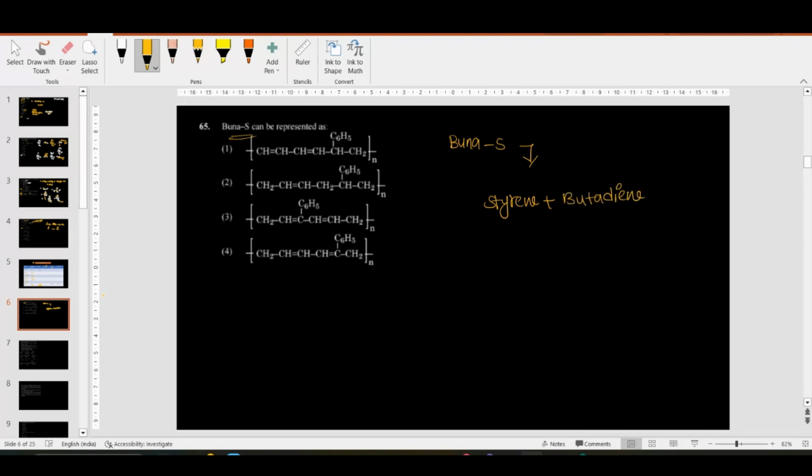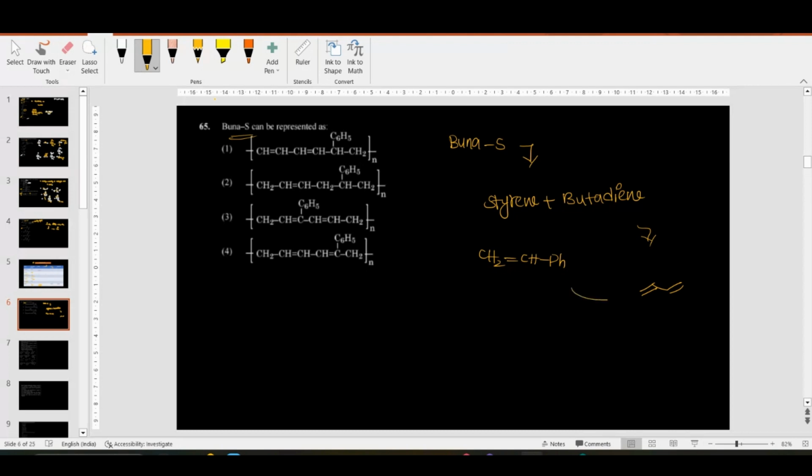So yeah, styrene can be written like this: CH2 double bond CH. This is the structure of styrene, and butadiene is this. So you can write it over here. So this is butadiene, right?